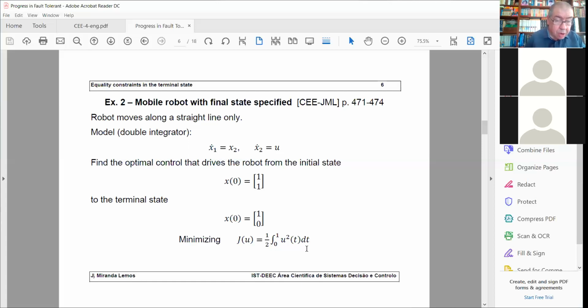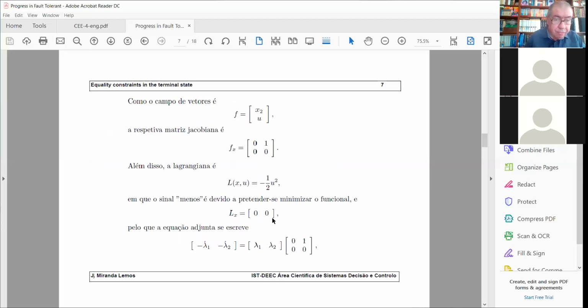Okay, so the problem is minimize this integral, which is the energy, while transferring the state from an initial value to a final value which is imposed. So in this case, the f function of the state equation is x2 and u.